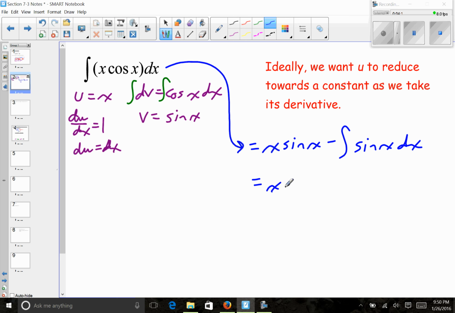So I have x sine of x, then the antiderivative of sine of x is negative cosine, so it becomes plus cosine of x. And this is an indefinite integral, so I do need to remember plus c. And you can go ahead, if you want to, take a minute, pause the video, and check to make sure that this really is the antiderivative.